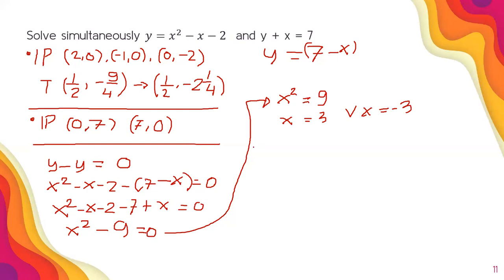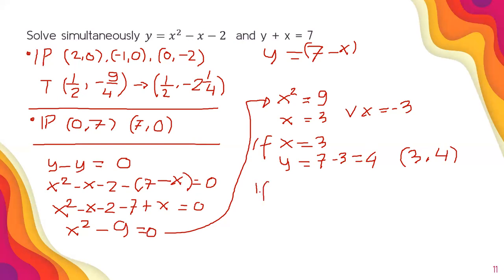So if x is 3, it means this x gonna be 3. So y equal 7 minus 3, 4. And the intercept point x comma y, 3 comma 4.